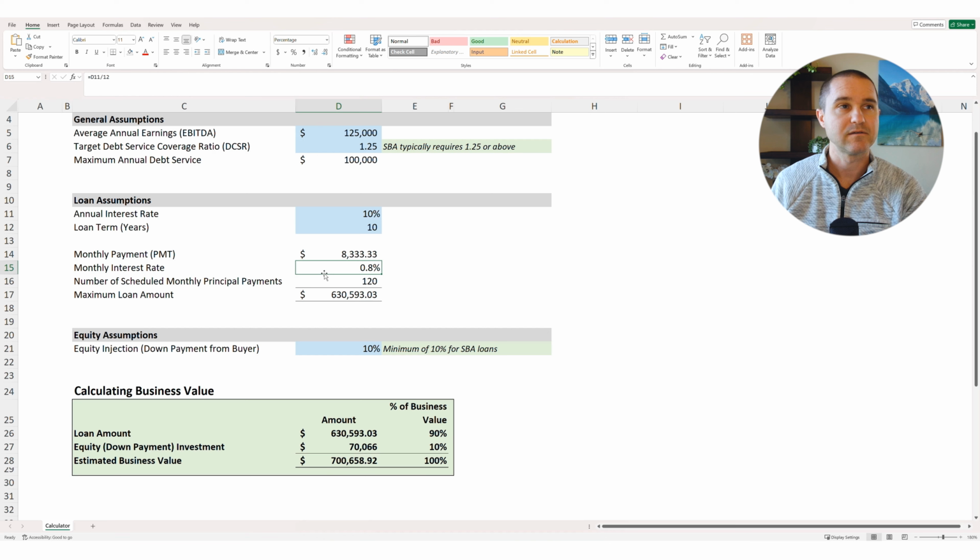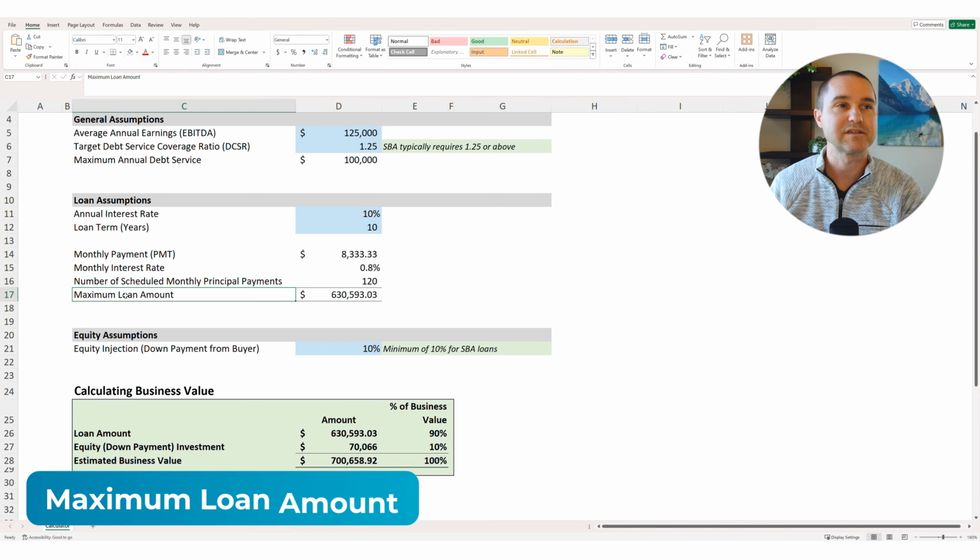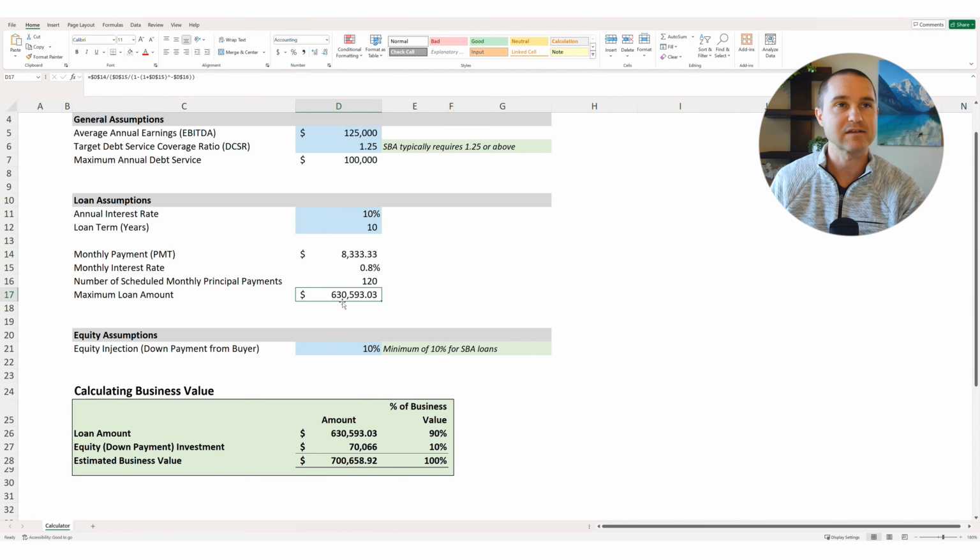Calculate what the monthly interest rate is going to be and the number of months of payments, and ultimately we can do our algebra here from high school. We can back into what this maximum loan amount is able to be. So $630,000 SBA loan based on these assumptions.